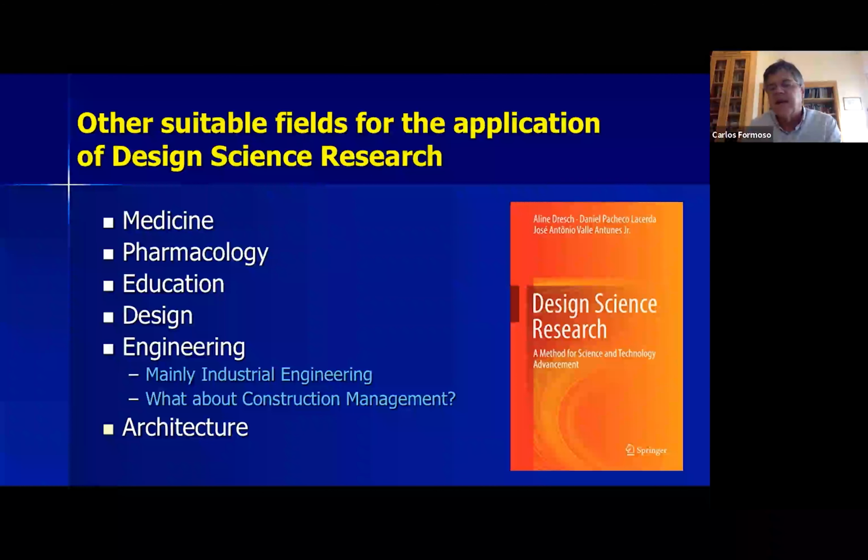But at the same time, there are lots of academic studies that are prescriptive, devising procedures, treatment, and so on. Pharmacology, for the same reasons. Education, so there are many studies about learning, how children learn, how adults learn, and so on. But there is also research on the development of research approaches.